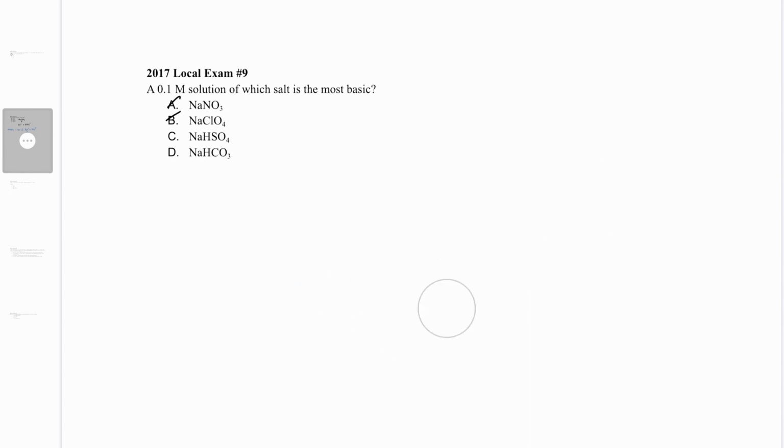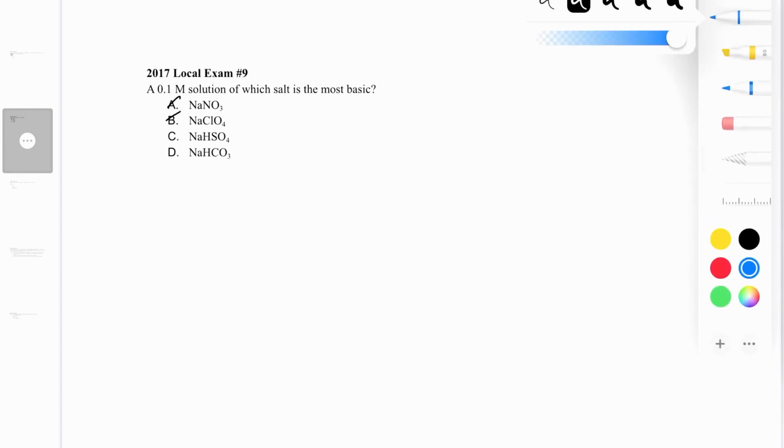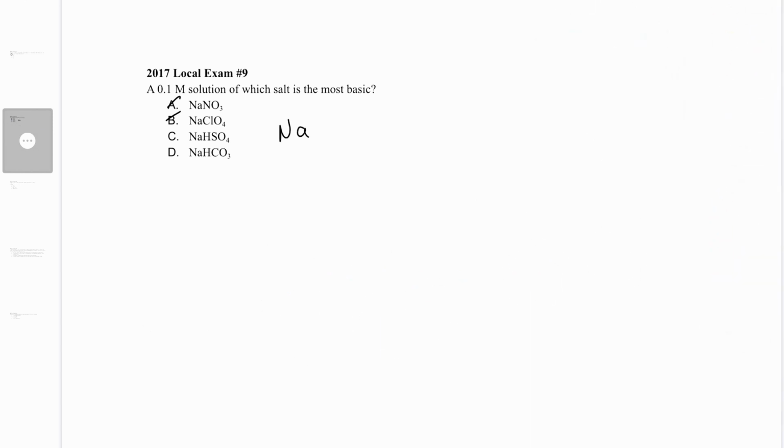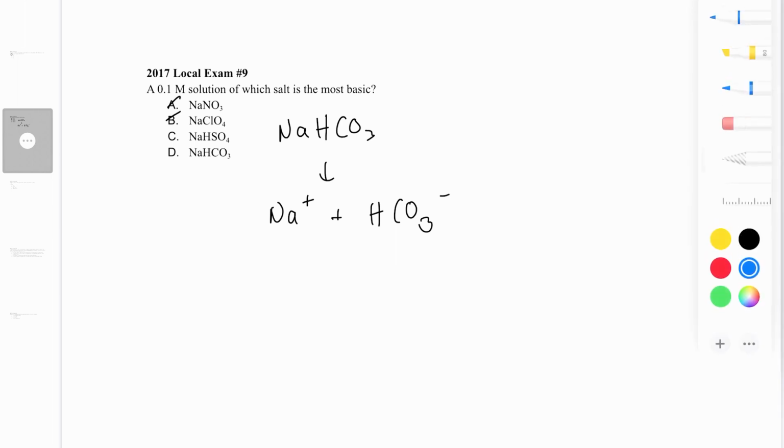So the salt that we're dealing with here is NaHCO3. Now, a similar thing's going to happen. When it's in the solution, it's going to get split up into Na plus and HCO3 minus ions. And that HCO3 minus is going to be similar to what we saw before. But in this case, it dissociates into different things.